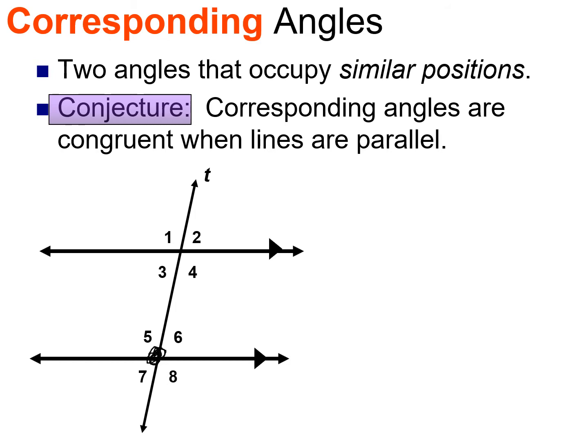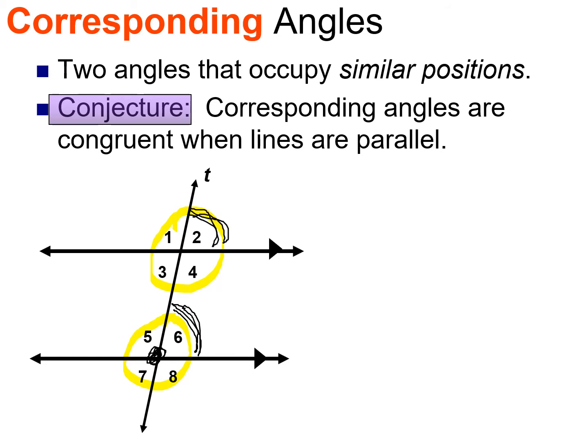So here, when I look at angle 6, out of its group, right around here, let me get a little highlighter, around this group, angle 6 is on the top right of its group. So when I come up here to this other group, what's on the top right? Angle 2.